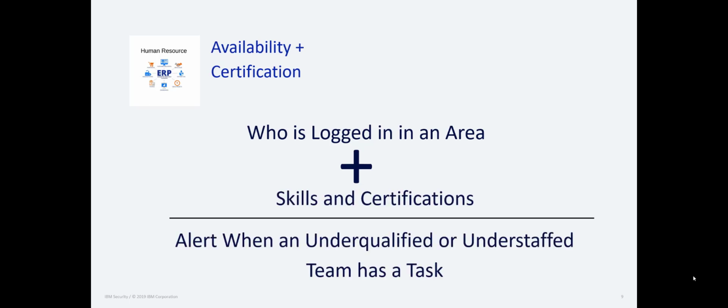But if I take a look at who is logged in in a given area, maybe I'm running a dentist office or an emergency room. Maybe we're back to the prior example where I have people that need a given level of education or licensing to be in an area, for the skills and certifications, right? To see when I have an underqualified or an understaffed team. I know some folks in the medical field that are forever struggling to have enough people to staff their ambulances and their emergency rooms.